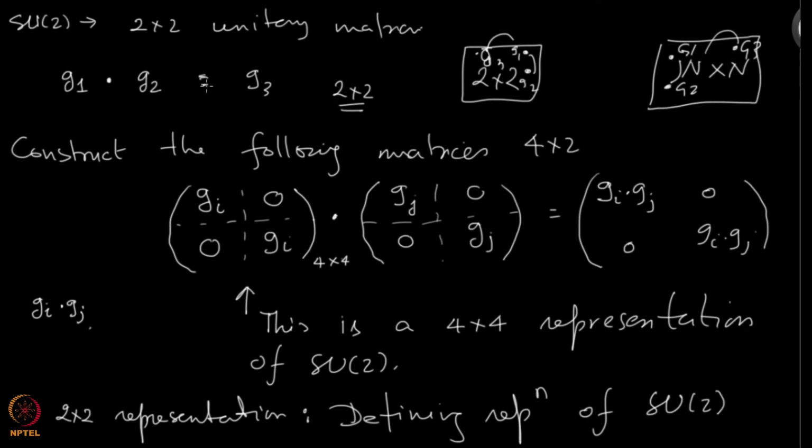Now, suppose someone comes and gives you another set of matrices which is not 2 cross 2, but the matrices in that set are n cross n, and the elements are labeled as capital G1, capital G2, capital G3 and so forth.